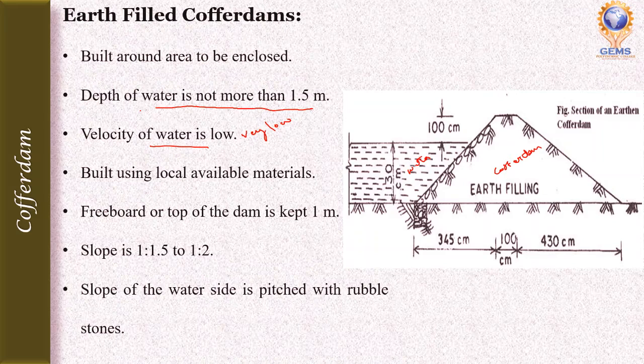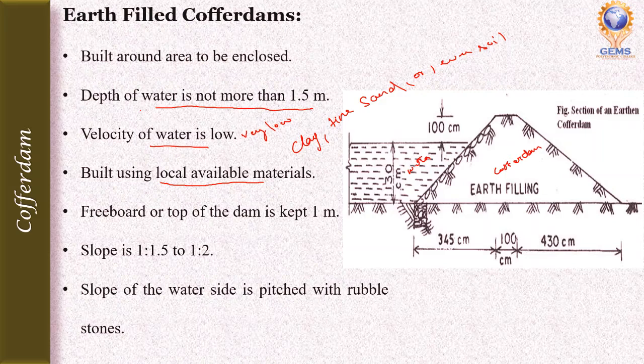These dams are built using available local materials such as clay, fine sand, or even soil which are available locally. We will build this cofferdam with that material.